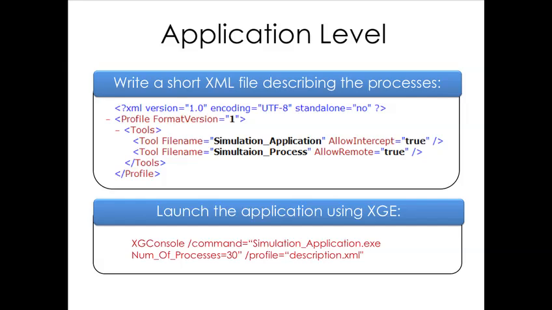And if it sees that the process name is simulation process, instead of running this process on the local machine, it will look for one of the machines that currently exist in the private cloud we created, and will execute the process there. Nothing needs to be pre-installed on the remote nodes, and this is, I think, another key aspect of this technology.